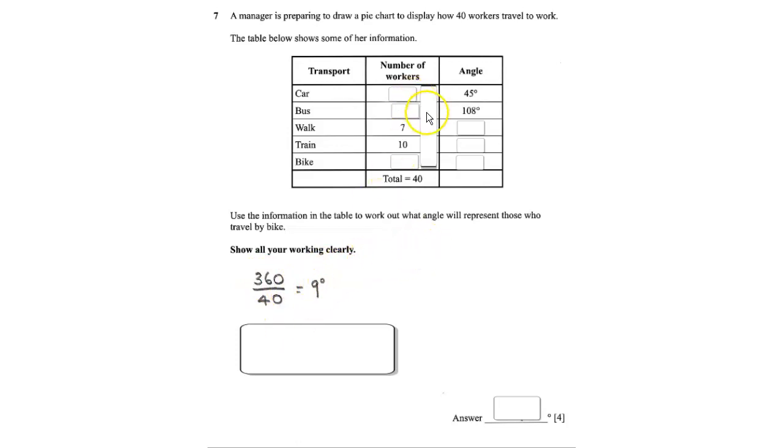What we do with this 9 degrees is we would multiply across by 9. And if we were moving back the way, it would be dividing by 9 instead. So 45 divided by 9 would be 5. 108 divided by 9 would be 12. 7 times 9, 63. 10 times 9 is 90.